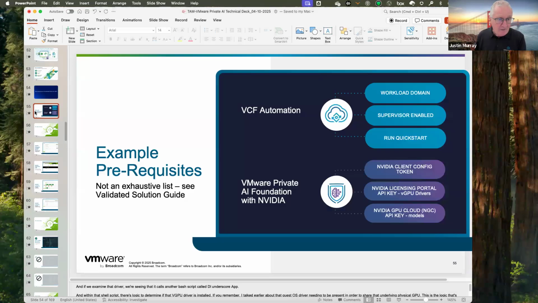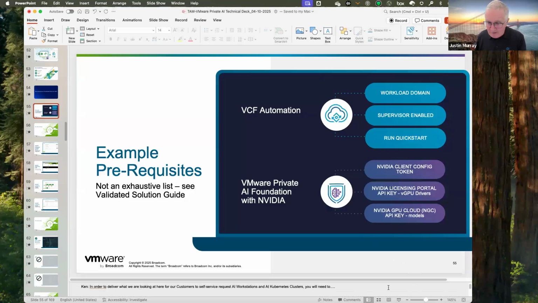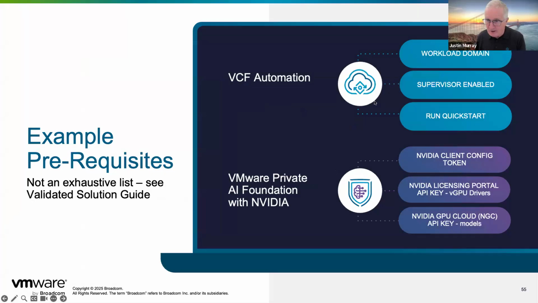Okay. So what we saw there had quite a lot of prerequisites to it. It had private AI deployed with a supervisor, a workload domain. We ran a quick start process inside the automation, which sets up all the right parameters that you were asking about. We need some configuration tokens and keys from NVIDIA to have this all work.